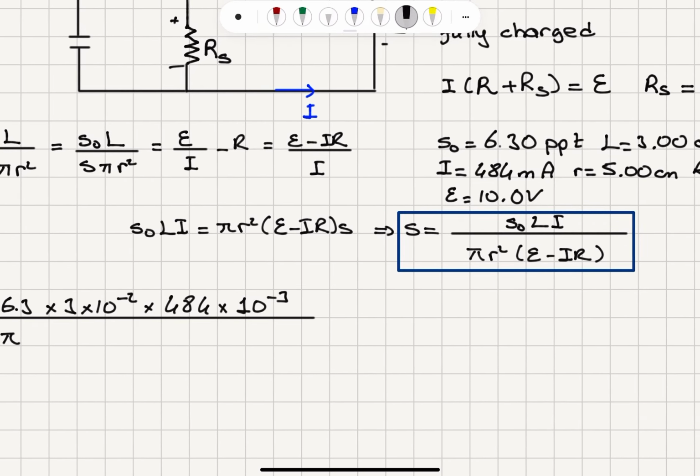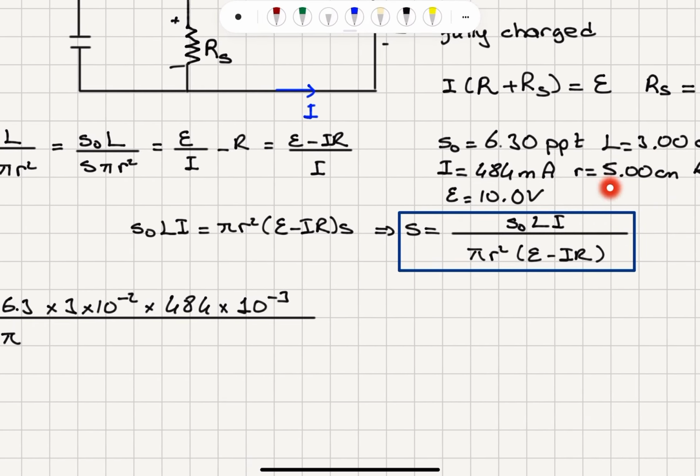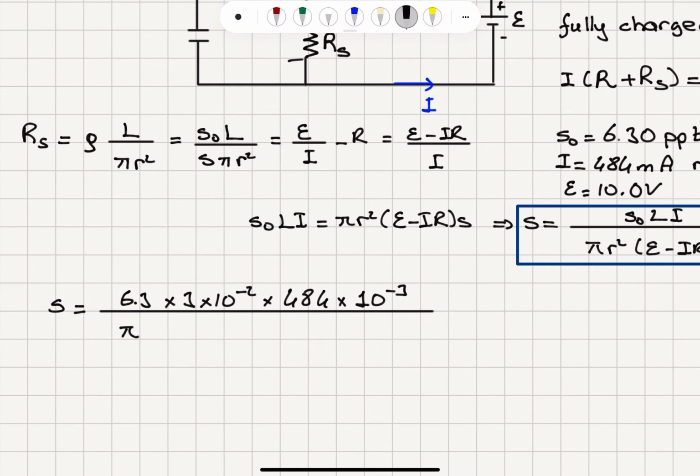What is the radius r? It is 5 centimeters. So it is pi times 5 times 10 to the minus 2 meters, squared, times epsilon minus IR. Epsilon is 10 volts, minus I, 484 times 10 to the minus 3, R is 15 ohms.